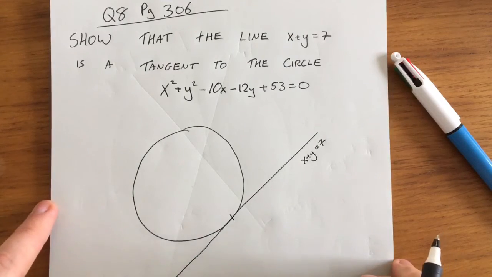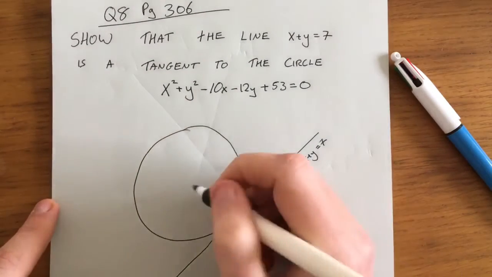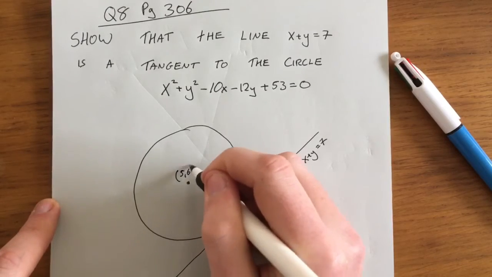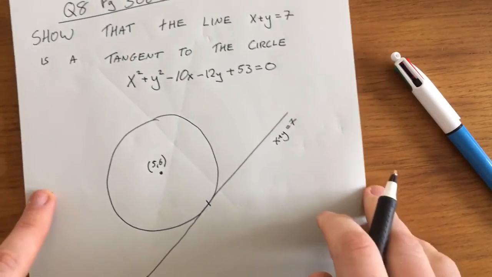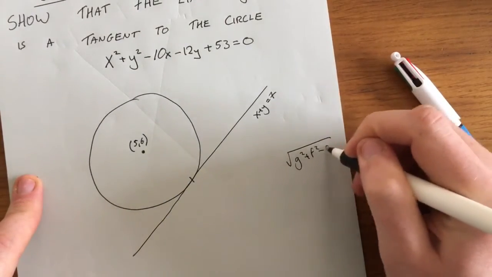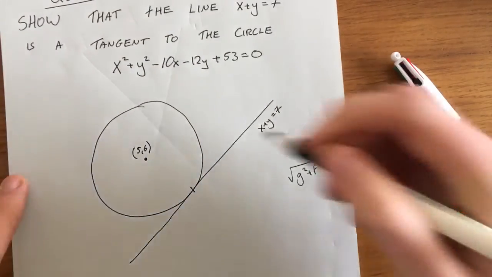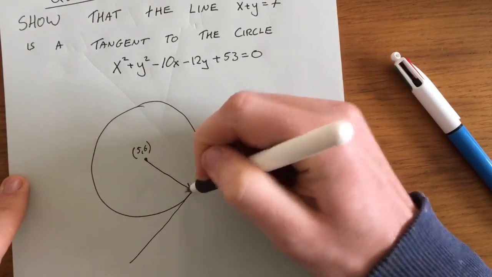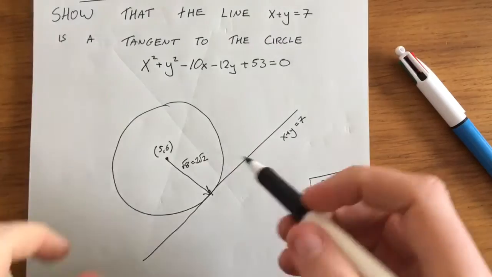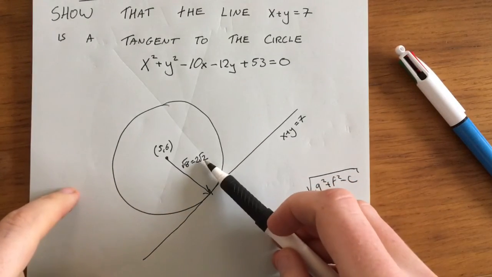From looking at the equation here, we can see that the center of the circle is (5, 6). And from filling in this formula, g squared plus f squared minus c, we can see that the radius of this circle is the square root of 8, or 2 root 2.